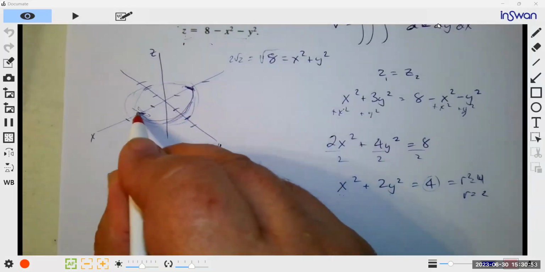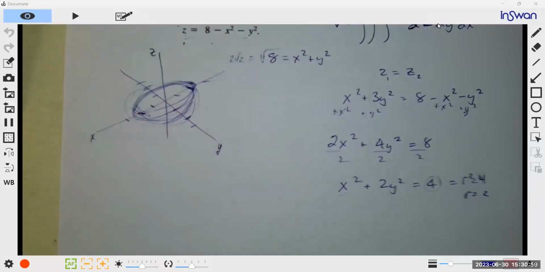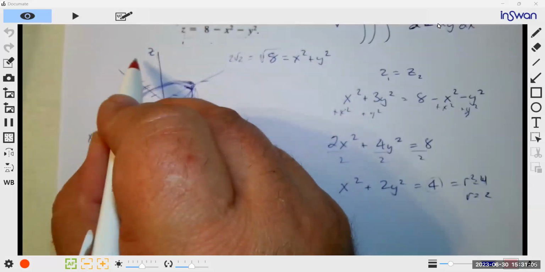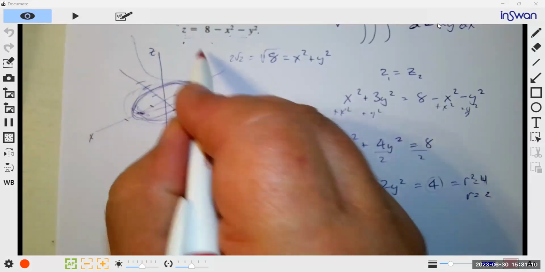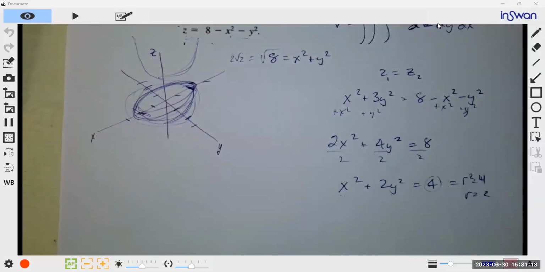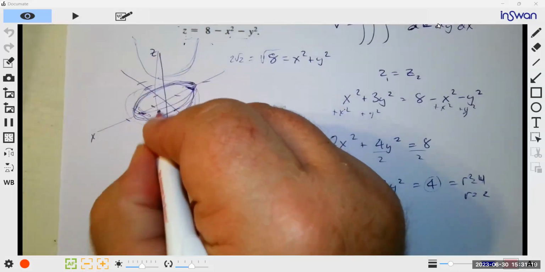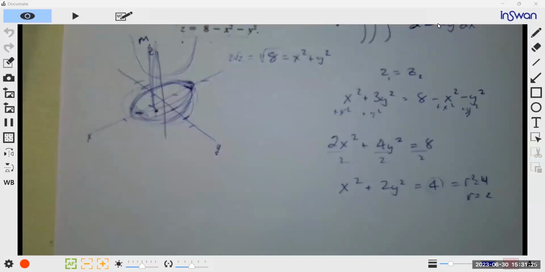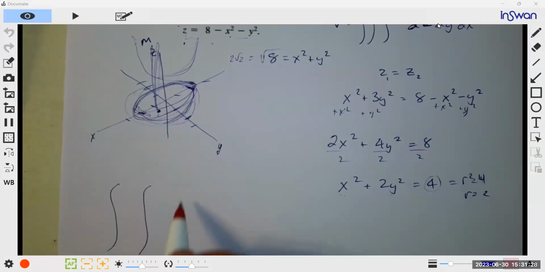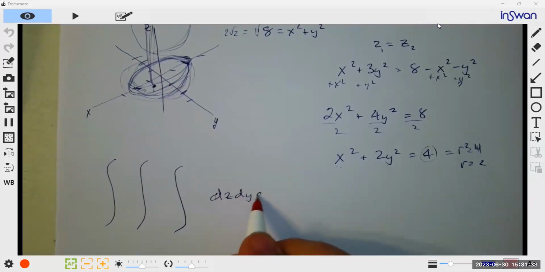It's a little bit smaller. So it's an oval, football type thing. That means our graph is up here and they're all parabolic in shape, paraboloids. So pick a point anywhere in our graph, draw a vertical line that defines our M. dz, dy, dx.